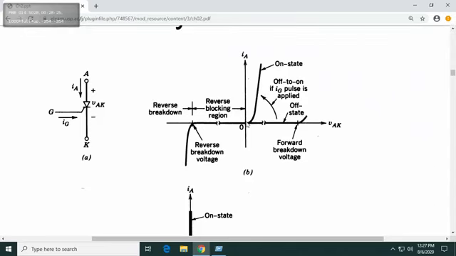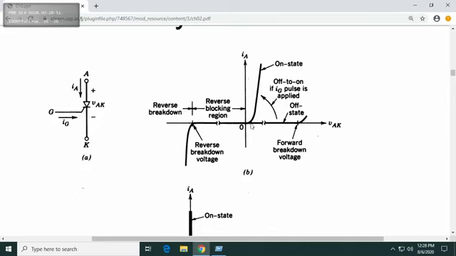Where do we want to be? Here. A similar characteristic to that of a diode. How do we reach this point? Off to on if an Ig pulse is applied. So if we apply an Ig pulse at the gate terminal, the diode starts conducting.